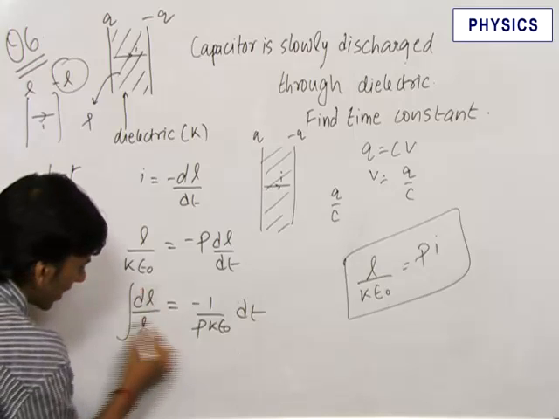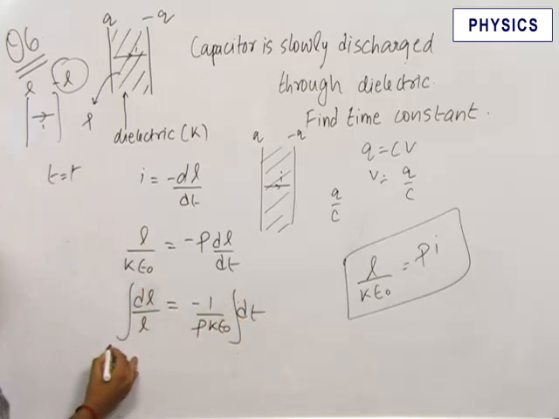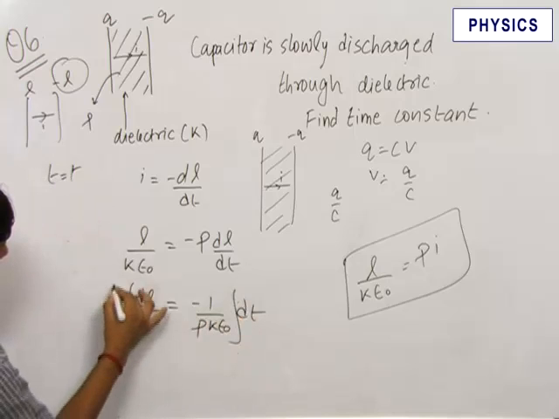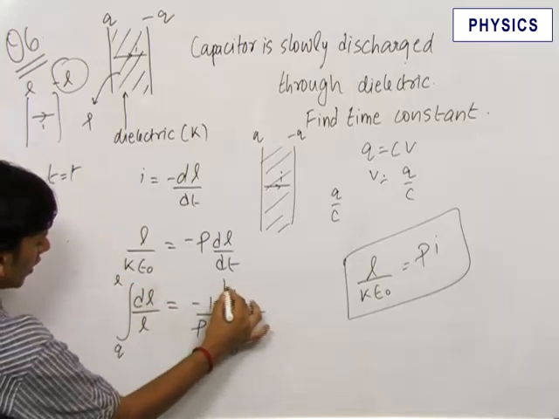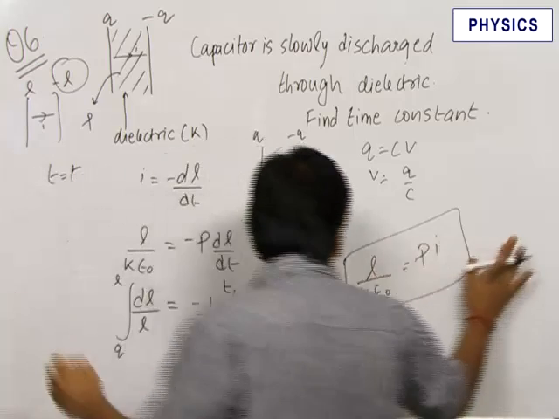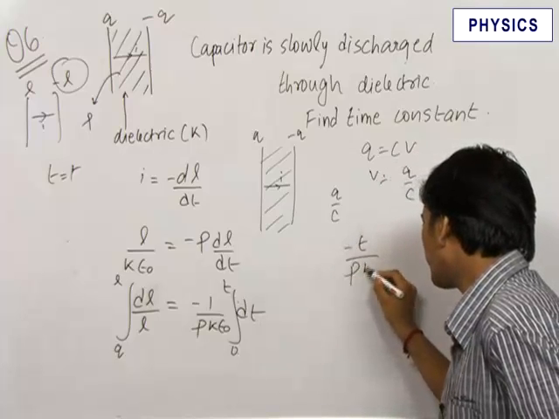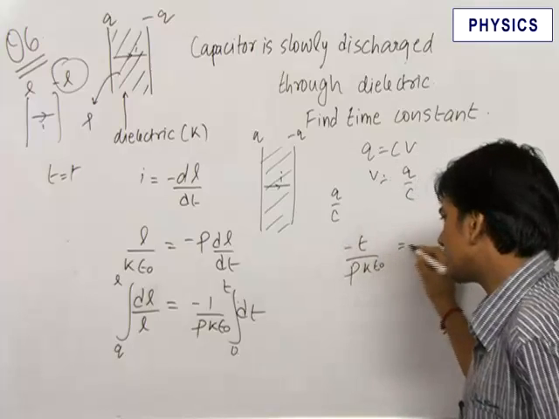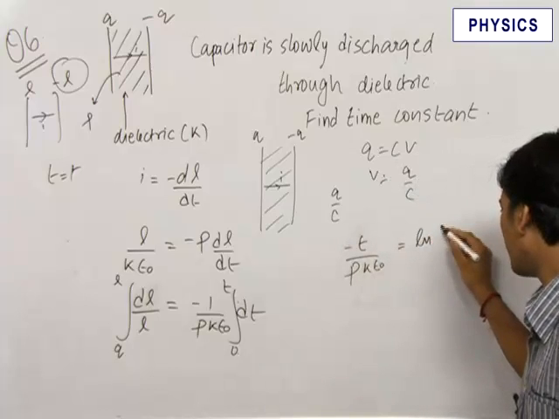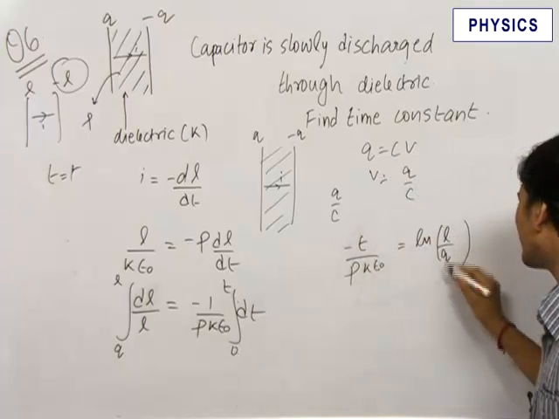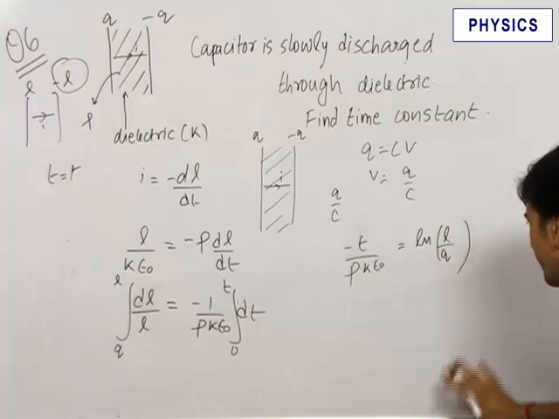On integrating both sides, we will integrate this from Q to L and this from 0 to t. On integrating, we get minus t upon rho K epsilon 0 is equal to ln of L upon Q, where L is the charge on the capacitor after time t.